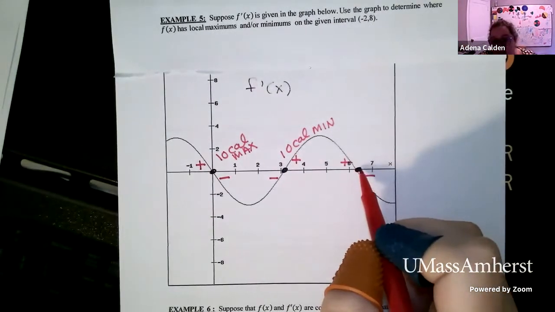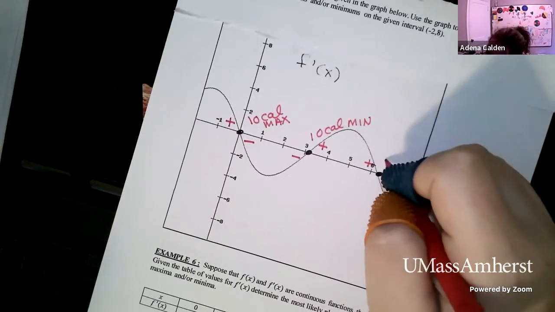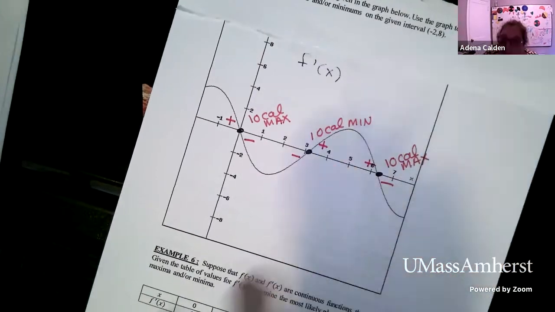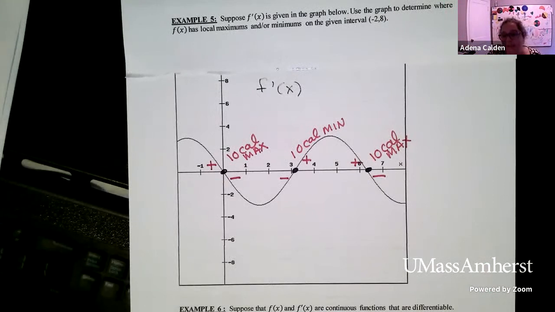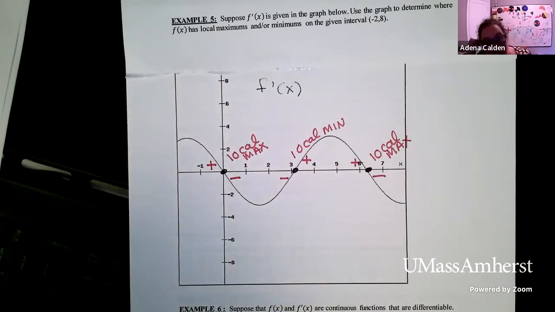Then at 6.2, again, we go from positive to negative, which means that one is a local maximum. So if you are given a graph of the first derivative, this is the type of analysis you are doing to talk about the critical points and local maxes and mins of the original function.